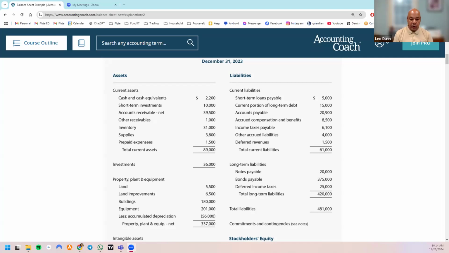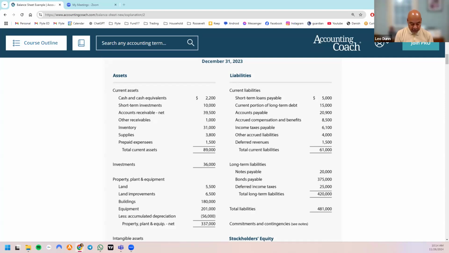Same with equipment. Equipment normally has a different useful life, and generally accepted accounting principles determine the useful life of certain types of asset, certain classes of asset. So equipment normally has a useful life for book purposes of 5 to 7 years. So any equipment recorded on your balance sheet would be expensed, or depreciated, over a period of 5 to 7 years.